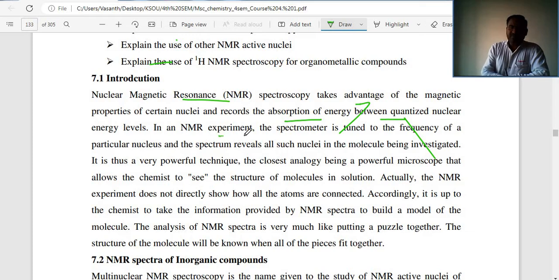In an NMR experiment, the spectrometer is tuned to the frequency of a particular nucleus, and the spectrum reveals such nuclei in the molecule being investigated.